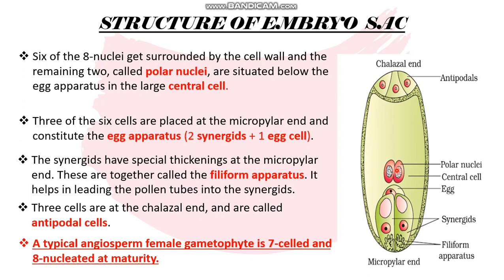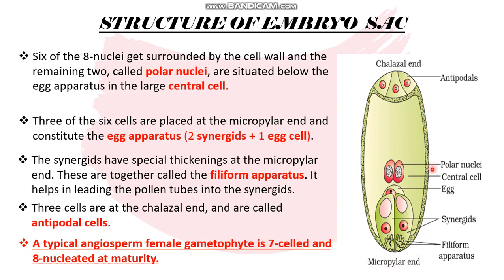In the exam, you might get a question like: draw the diagram of a mature embryo sac, or the 7-celled 8 nucleate structure of the embryo sac. This is the structure of the embryo sac formed before fertilization.